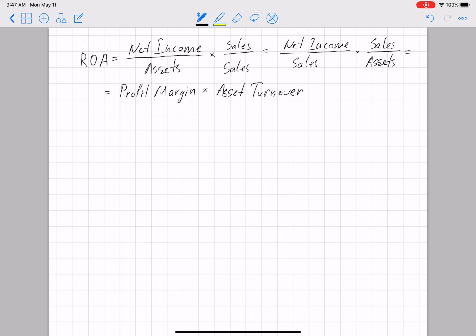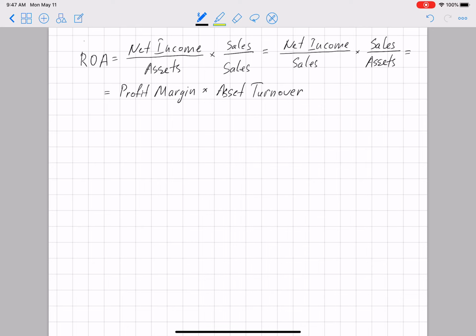Or it could be the other way around. Maybe your asset turnover is relatively slow. Let's say you are some kind of luxury goods store, like Tiffany's in New York City. Your asset turnover might not be that high because people just don't buy a lot of this stuff. But your profit margin might be gigantic. So your overall return on assets is primarily driven by extremely high profit margins.